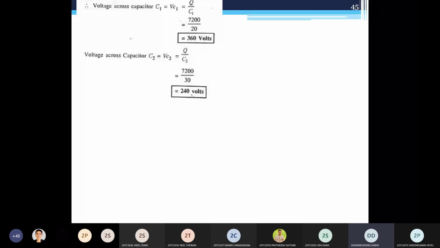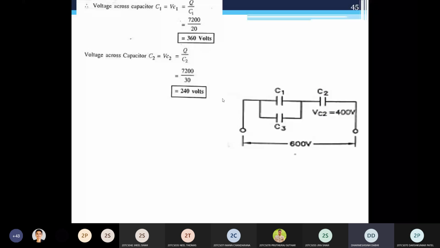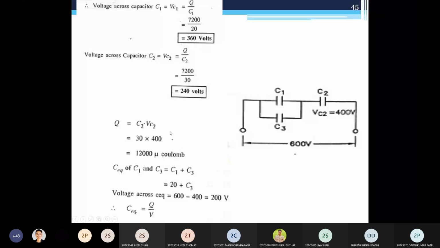Now next, find out the value of unknown capacitance. Here the third capacitor is connected in parallel with the 20 microfarad, which is C1. So C3, the unknown capacitor, is connected across C1. At that time, what is the voltage across C2? Voltage across the 30 microfarad becomes 400 volt, and the supply voltage is 600 volt.